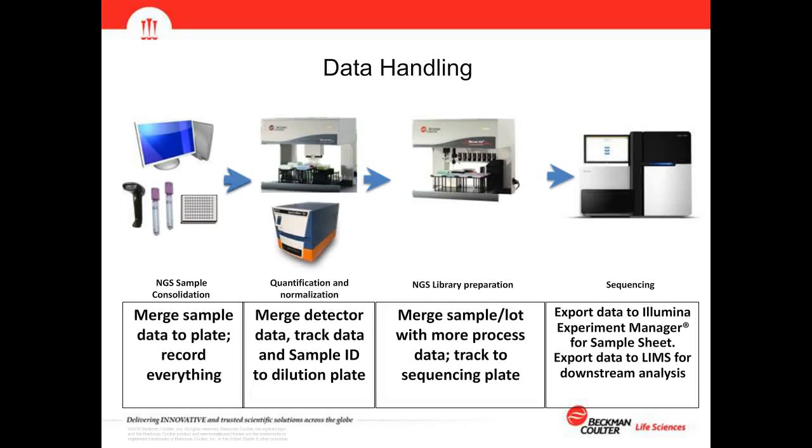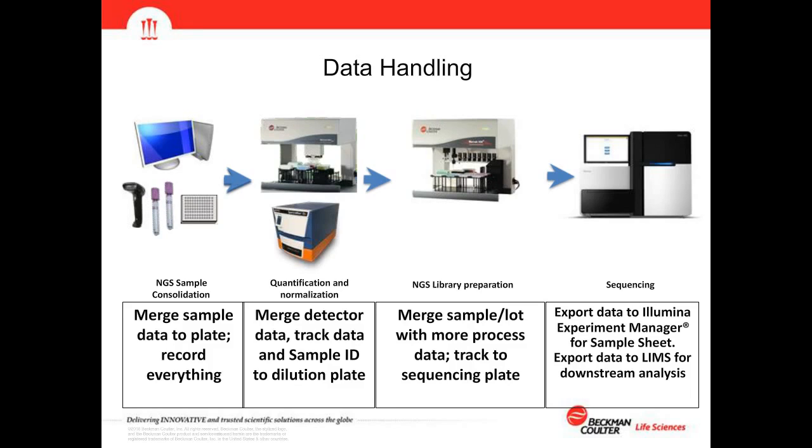Sample data do come from multiple sources in such a process. For example, they come from barcode reading of samples, single tubes, from Excel files, etc. So the first step usually is we merge sample data to plate, recording everything. And then in the process, for example, readers will generate data for normalization, if you wish.